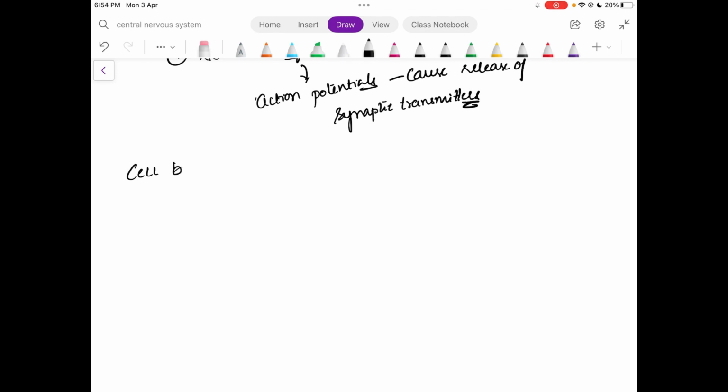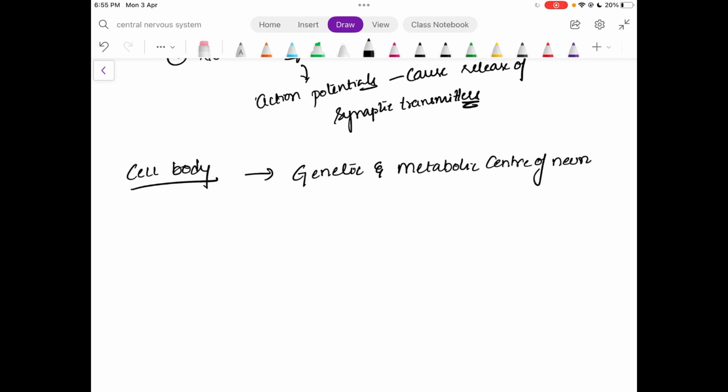First we'll see about the cell body. This cell body will be the main genetic and metabolic center of the neuron, because it will contain the nucleus. It has all the necessary metabolic functions, and it will control the whole part of the neuron.